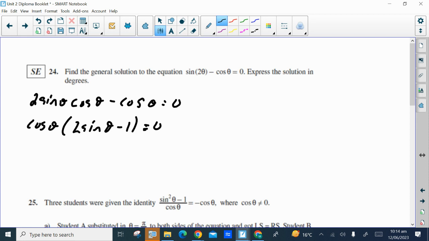But in most cases, we factor. Common factoring we always looked for first, and if that didn't work, if we had a trinomial, then we tried to factor into two binomial factors. But once you have it factored, then the solutions will come when each factor equals 0. And for that second one, that'll be where the sine of theta equals 1/2.